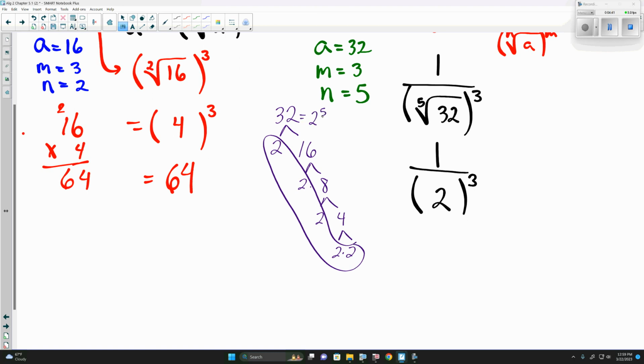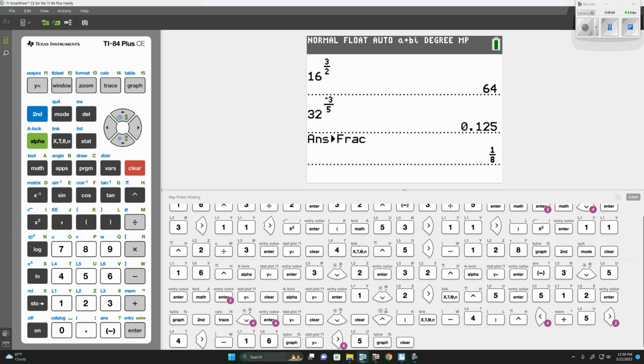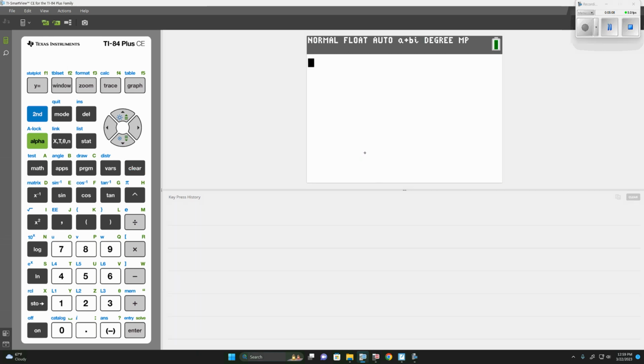So this is the same as 2 to the 5th. So the 5th root of 32 is 2. Now we just need to take 2 cubed. And 2 cubed is 8, so it is 1/8. Now in the graphing calculator, the first one we had was 16 to the 3/2.